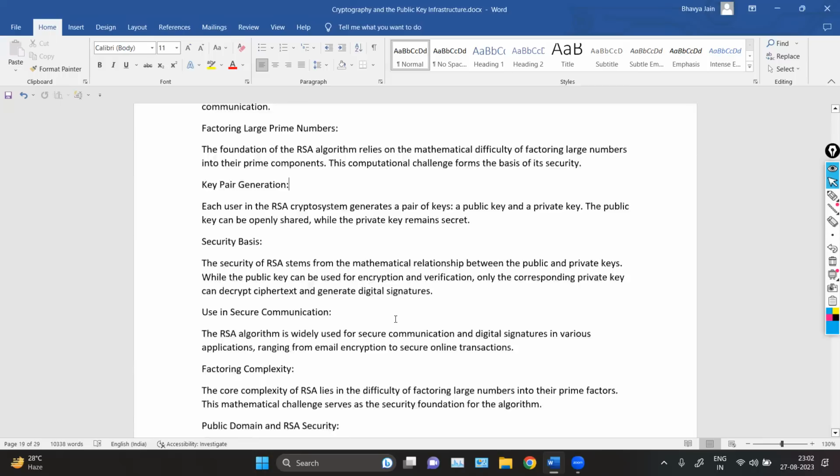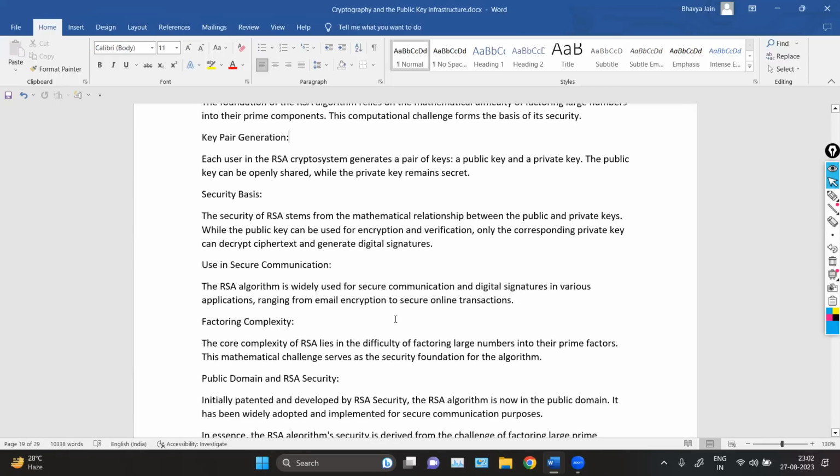Each user in the RSA cryptosystem generates a key pair, a public key and a private key. The public key can be openly shared and the private key remains secret, because this is an asymmetric algorithm. Security basis: the security of RSA stems from the mathematical relationship between the public and private key.